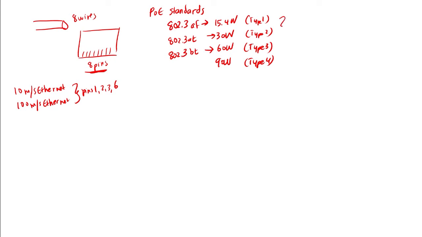So type 1 and type 2 use pins 4 and 5 or 7 and 8 to deliver power. Or can use 1 and 2 and 3 and 6.